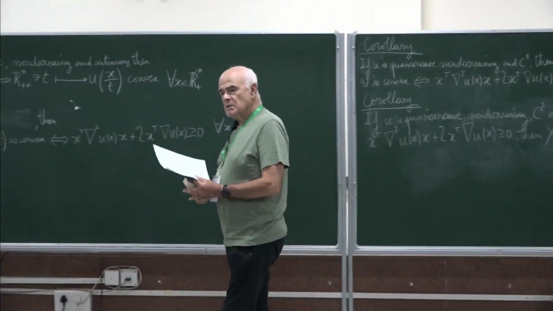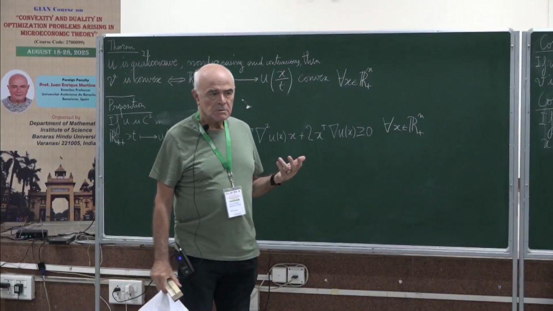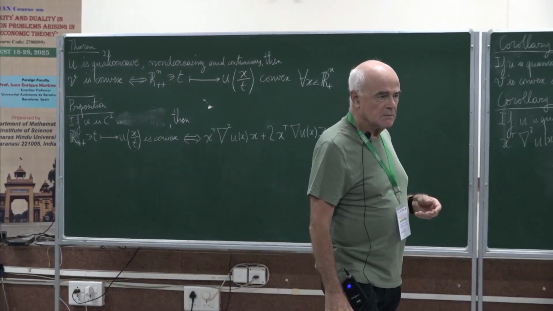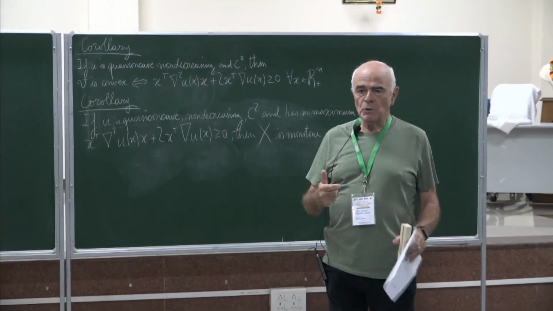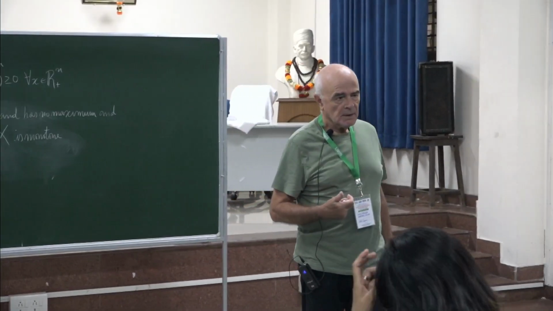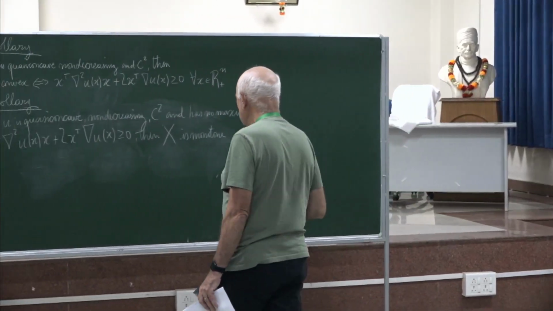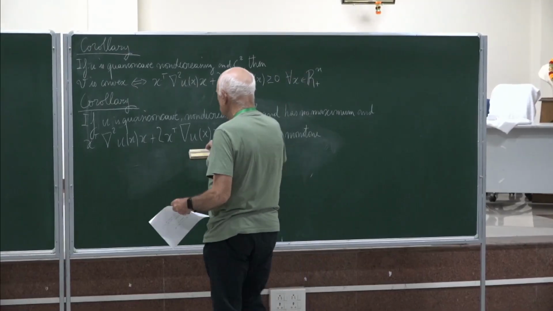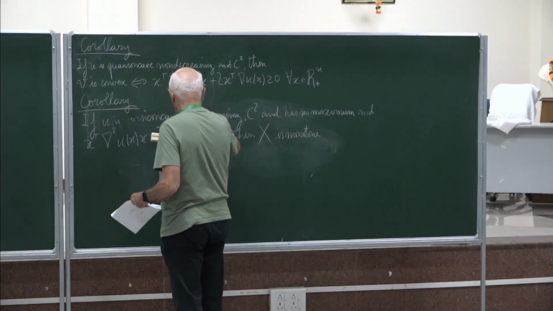So this is a consequence of the result I presented and proved, I think yesterday morning at the beginning, saying that if U is concave and has no maximum, and V is convex, then the demand is monotone. Sorry, here U is concave.